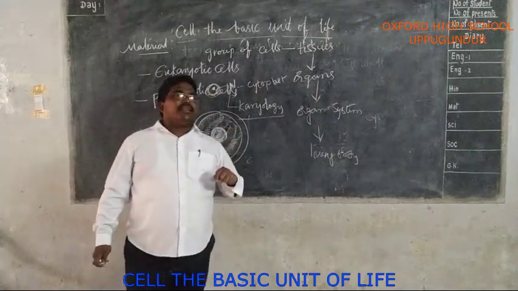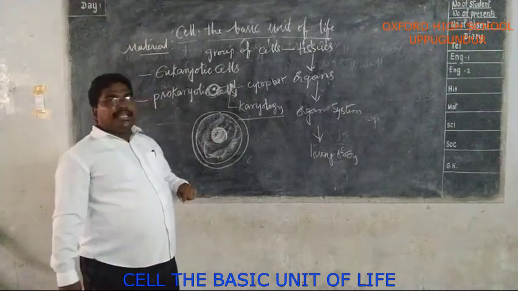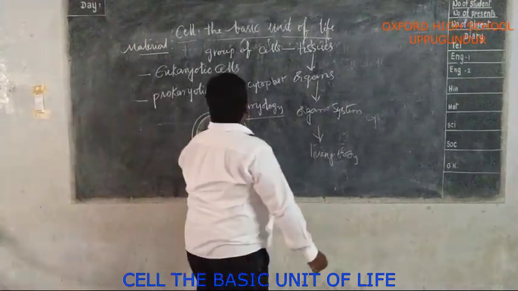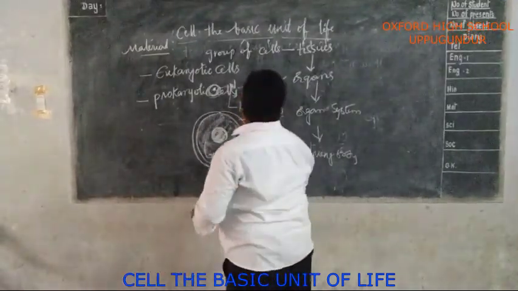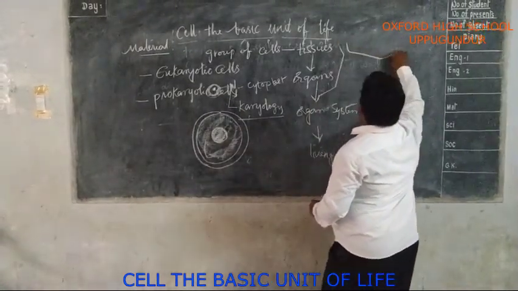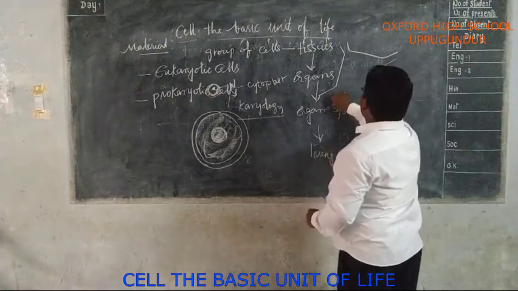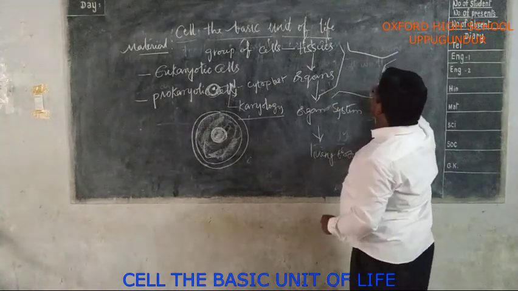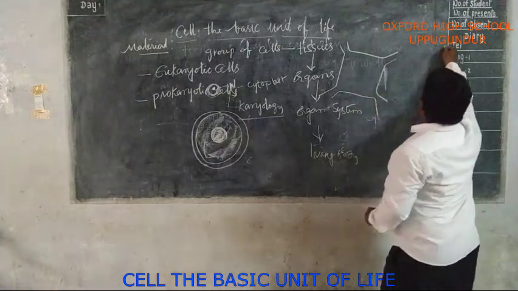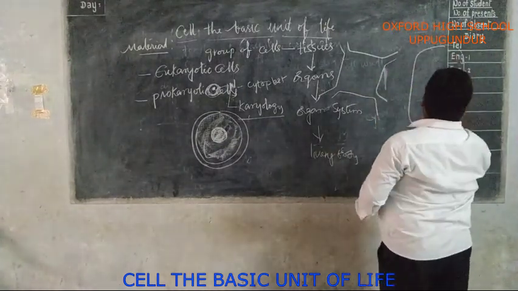In the first section we looked at the onion peel cells, so plant cells, which we have already discussed. The plant cells look like this. Plant cells, animal cells.